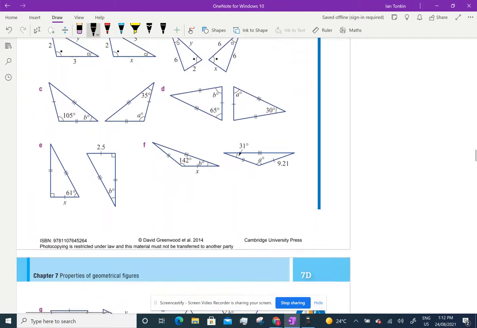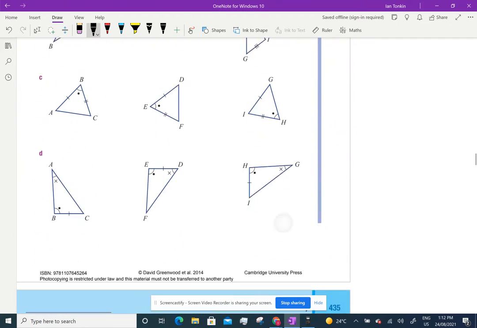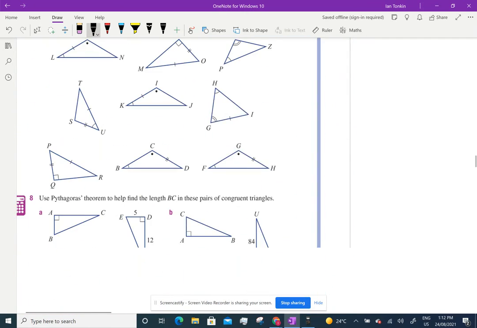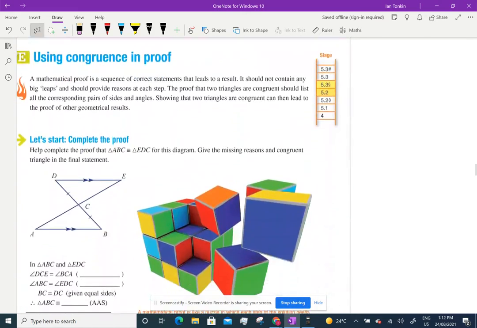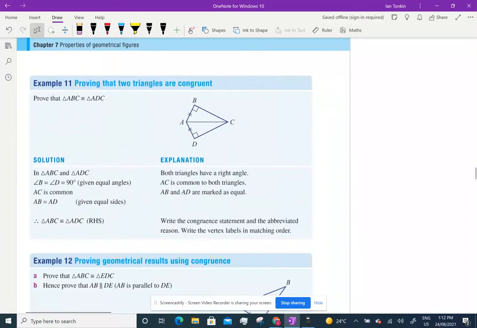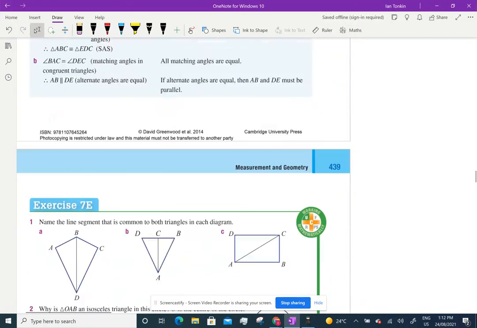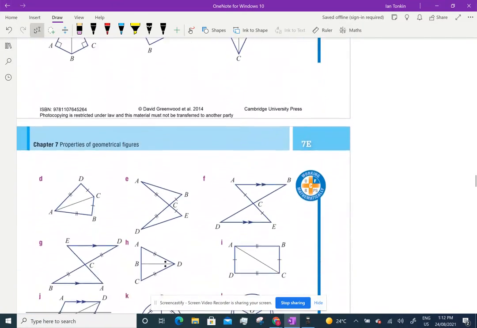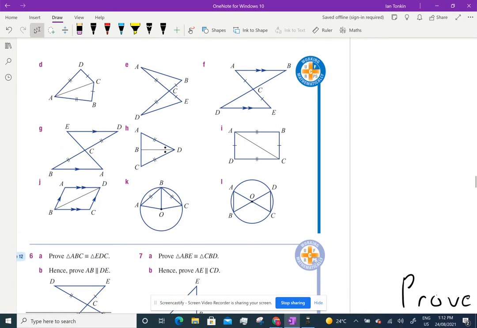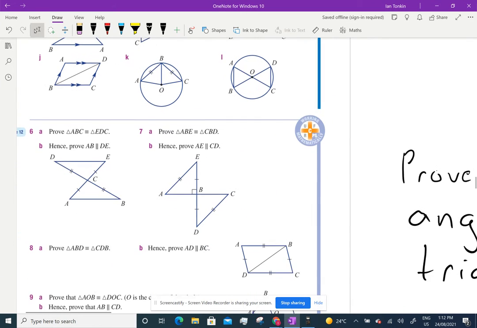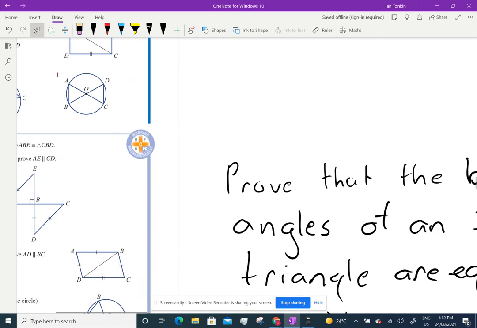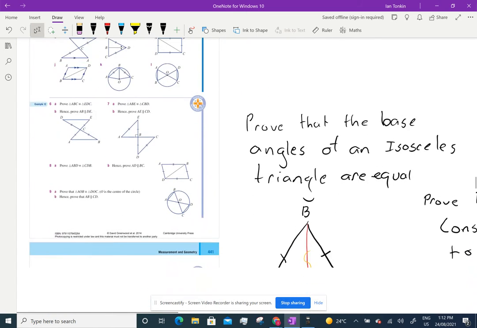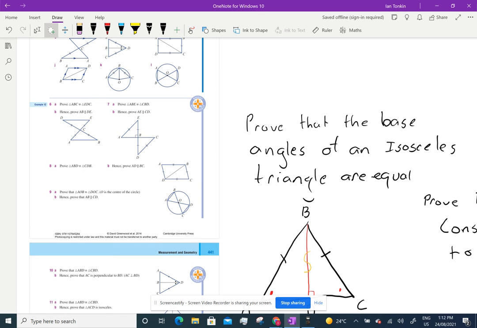So let's go on to some proofs, because that's where we're going to be getting into this. So we'll jump down here and we're going to 10E question 6. And this is the important bit. So this is what I want you to be able to do. How do you prove? Now remember, you are going to prove congruency. Now, here's some stuff that I did previously.